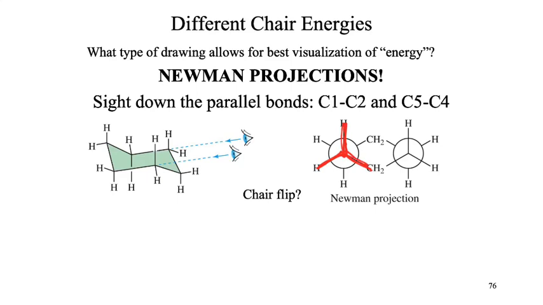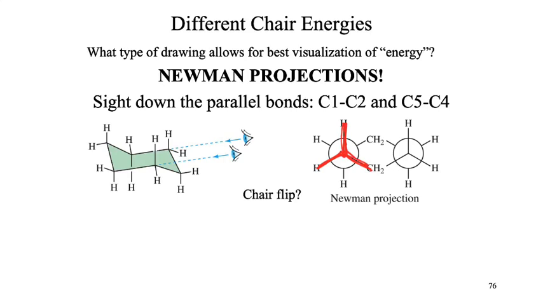Do you see this Newman projection? Yes. What is it anti to? Is it anti to another carbon atom? Yes. What is my finger holding on to? A carbon that is anti to the red atom.